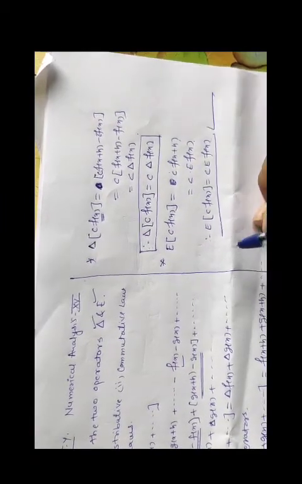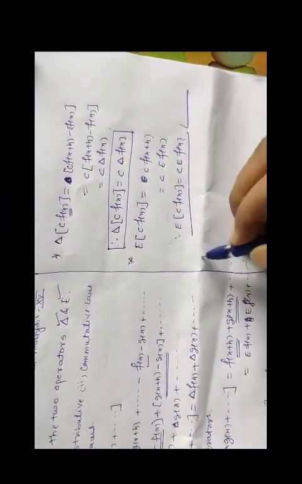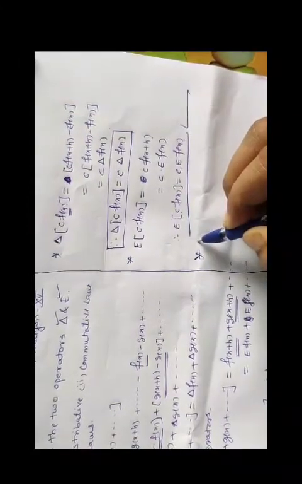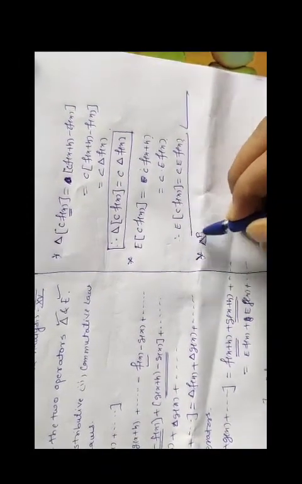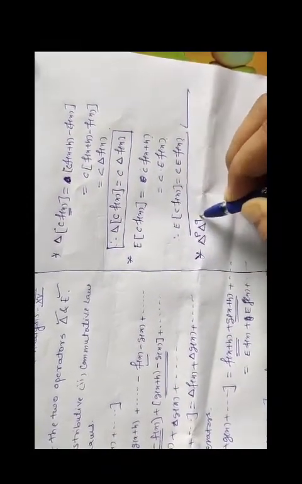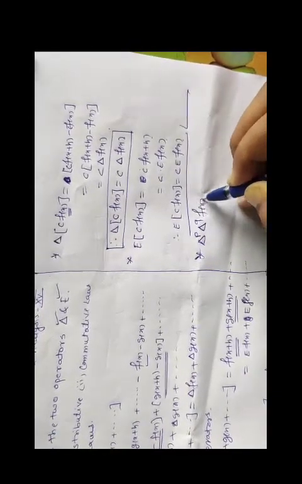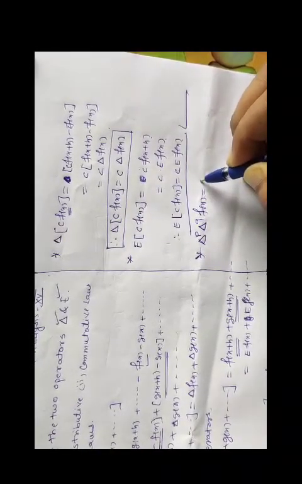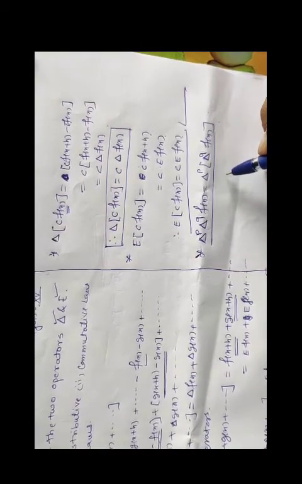Then I am going to discuss the index law. See here, the index law: delta power p, delta power q of f of x can be written as delta power p, delta power q into f of x. This is called the index law.